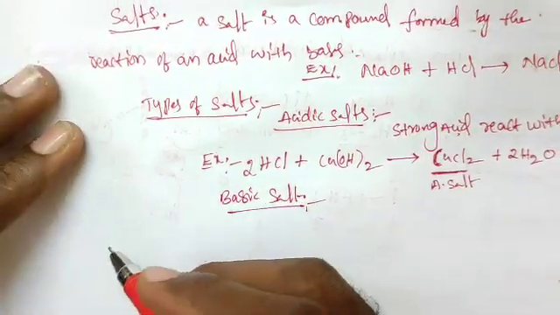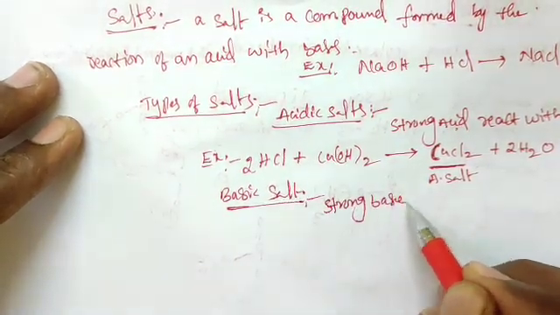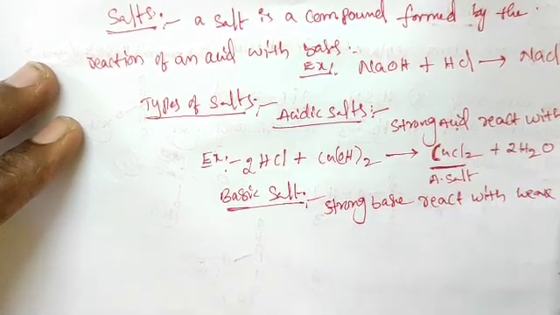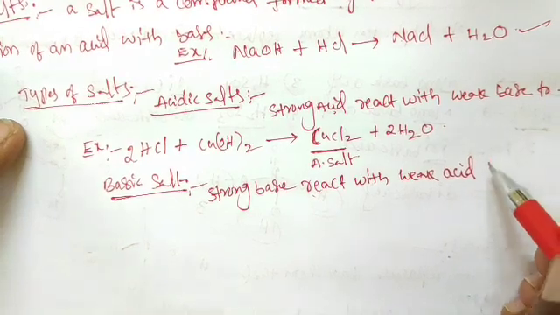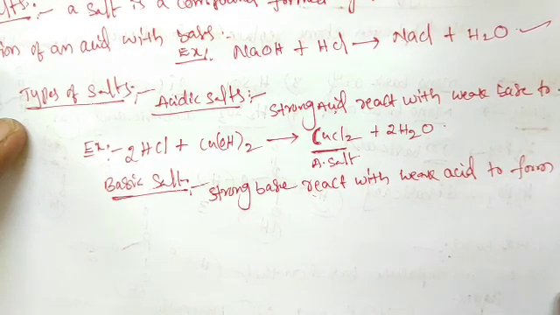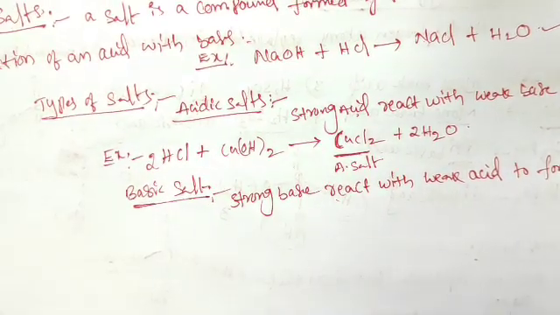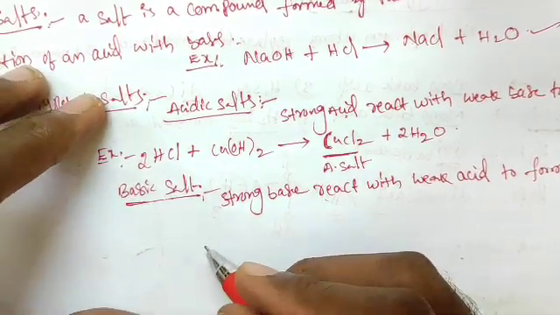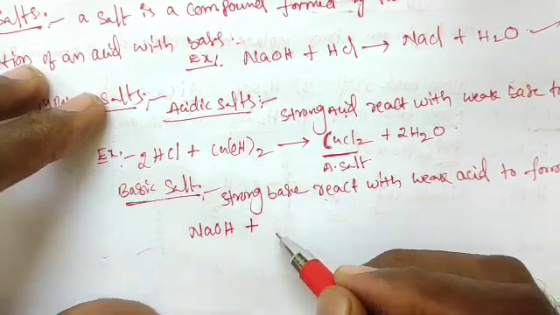Next, the basic salt. I will give one example for the basic salt also. Definition: a strong base reacts with a weak acid, and we get a basic salt. Examples of a strong base are NaOH or KOH, reacting with a weak acid.